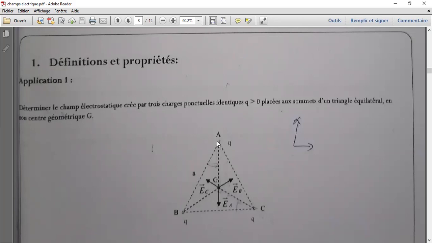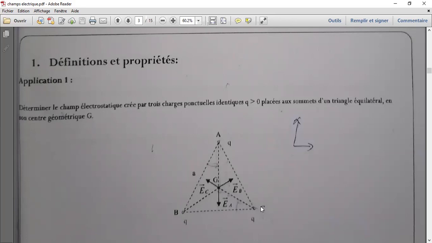So I have to calculate each one of them and add them together. Note also that the distance between A and B is R. So B and C is R, and A and C is R, because you are playing with a triangle which is equilateral.